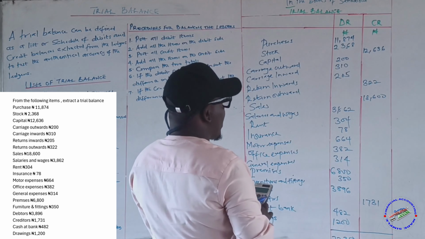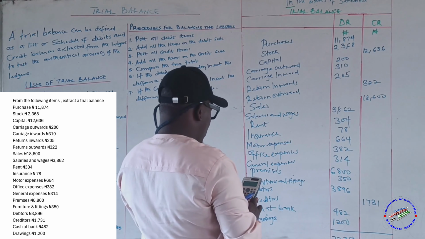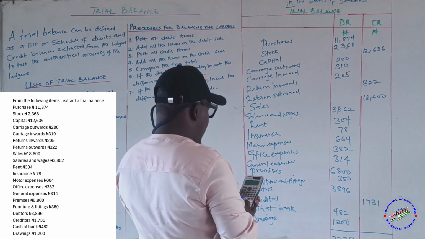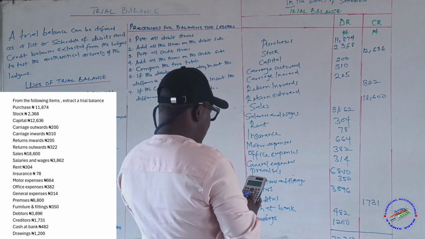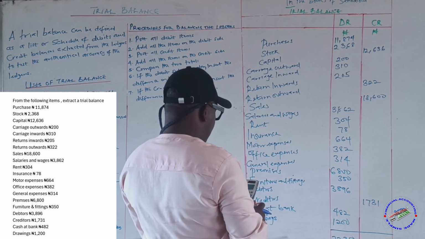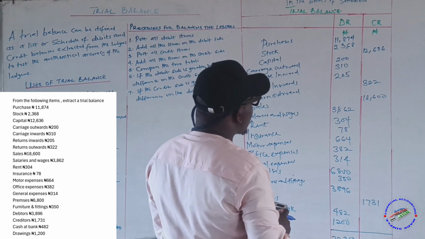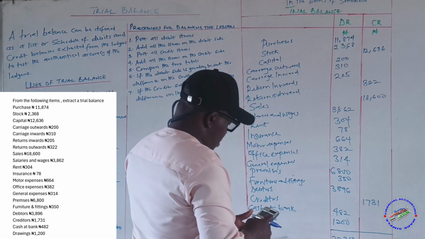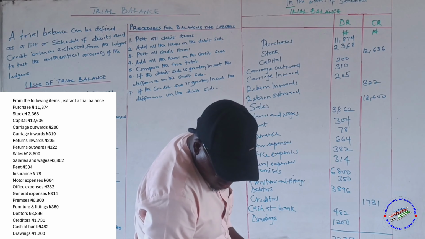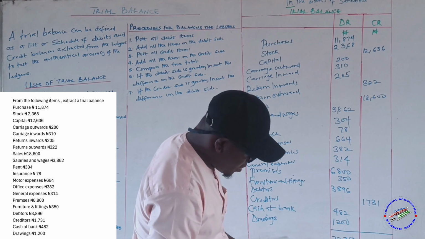So we have 12,636 plus 322 plus 18,600 plus 1,731.